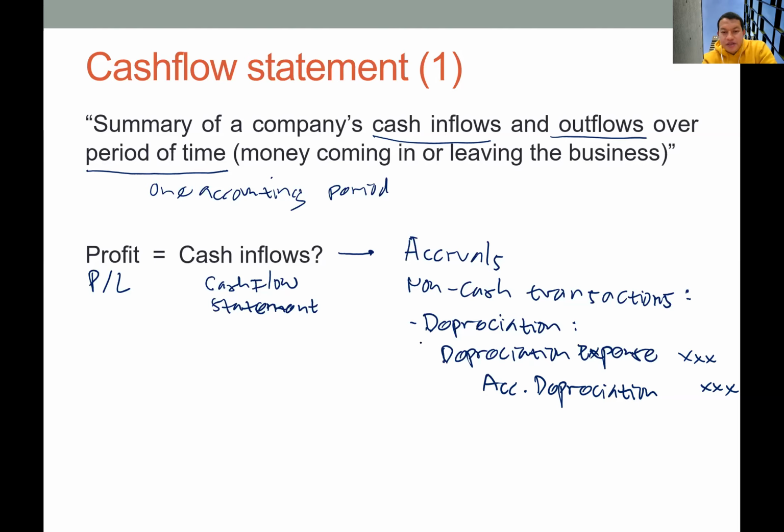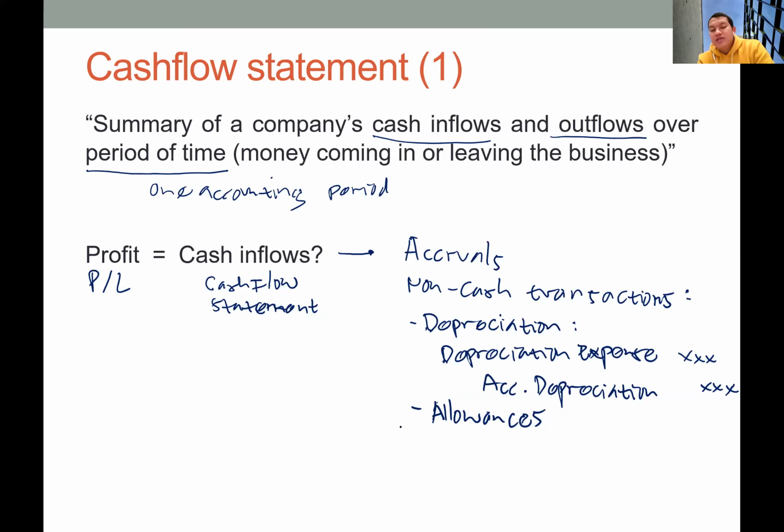We have depreciation, we have allowances. If the company sets up an allowance for uncollected receivables, like a bad debt expense, it will also affect the profit and loss, but it will not affect the cash balance. So allowance for bad debt expense, allowance for purchase discount or purchase return.